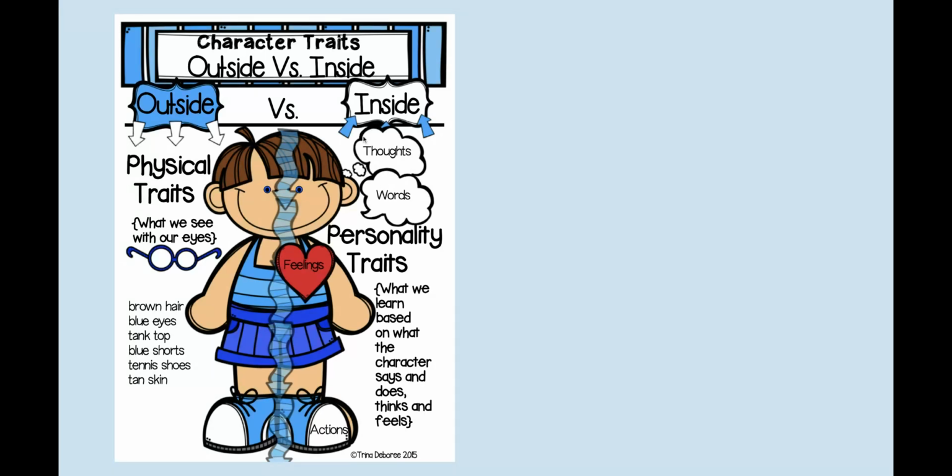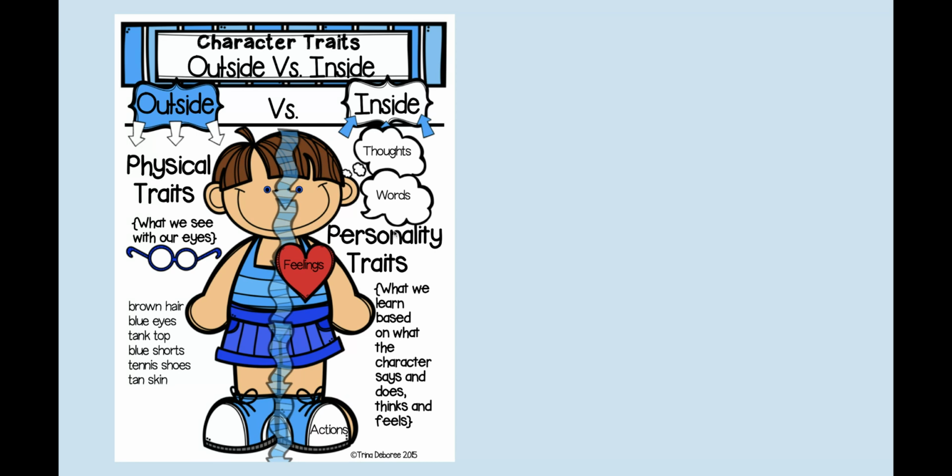We know what a character's trait is on the inside if we pay close attention to the things the character says, the words they use, their thoughts, those things they think, and their feelings, those things that they feel on the inside. Now, sometimes we have to look at external traits to understand the internal. Like this boy's smiling, so I think he's feeling happy.